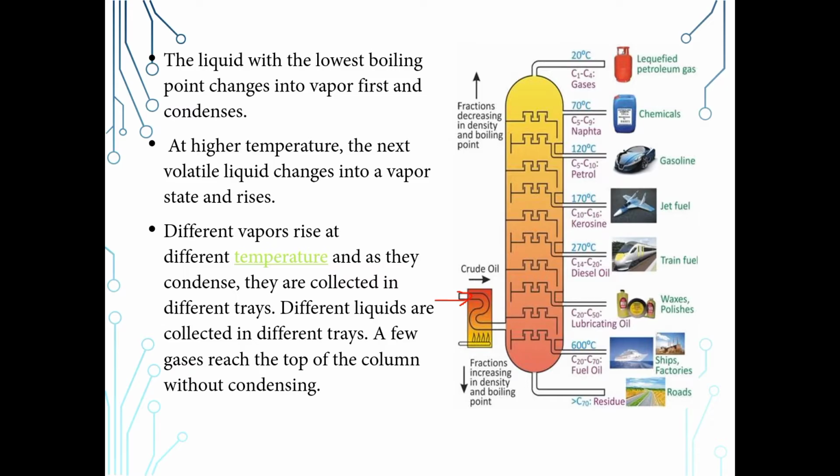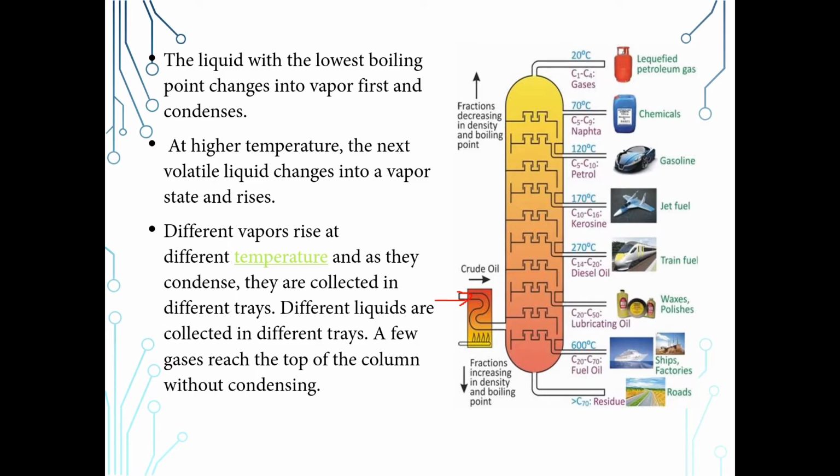When the crude oil passes from here, it is allowed to heat. Here we have 600 degrees Celsius, 270, 170, 120, 70 and 20 degrees Celsius.